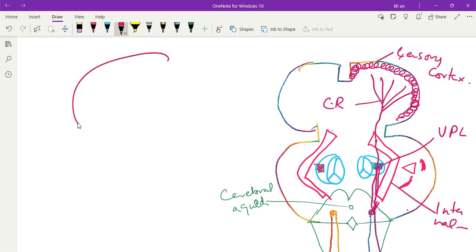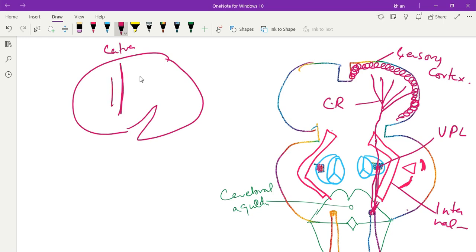In the sensory cortex, this is present here. This one is the central sulcus in the brain. Behind the central sulcus there is the posterior central gyrus, and here would be the sensory cortex.